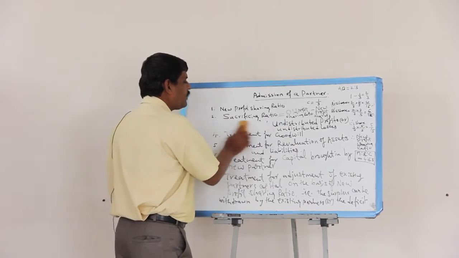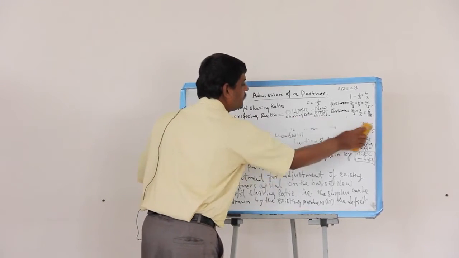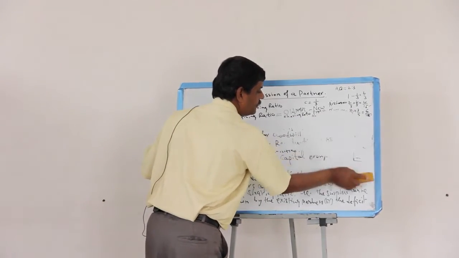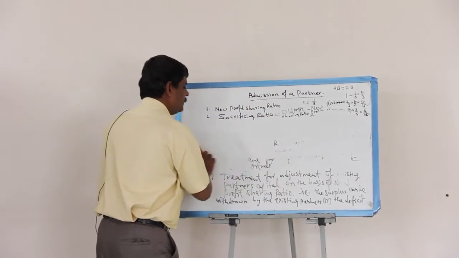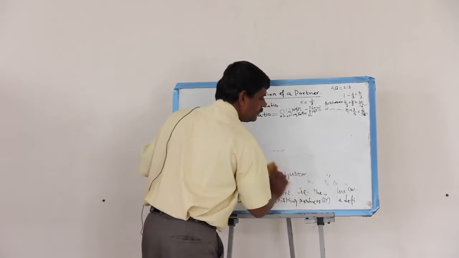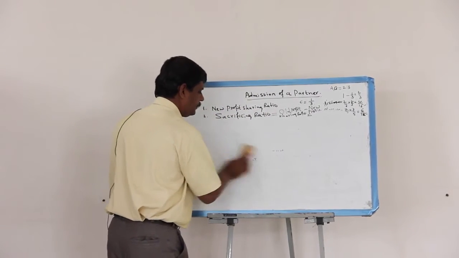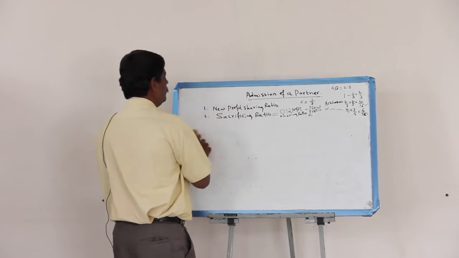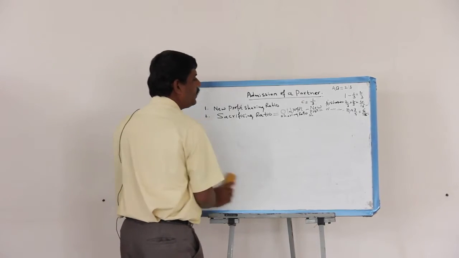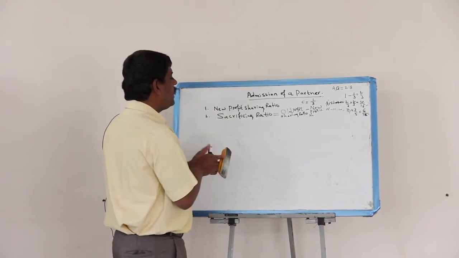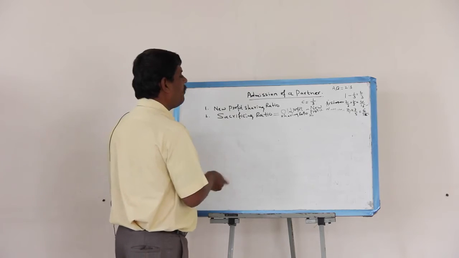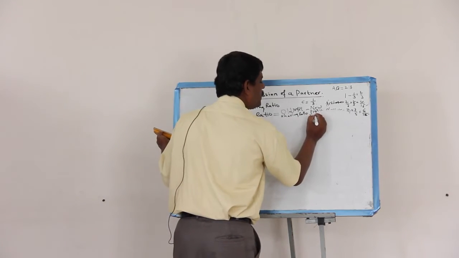Okay, let's now do the sacrificing ratio. Sacrificing ratio is equal to old profit sharing ratio minus new profit sharing ratio.